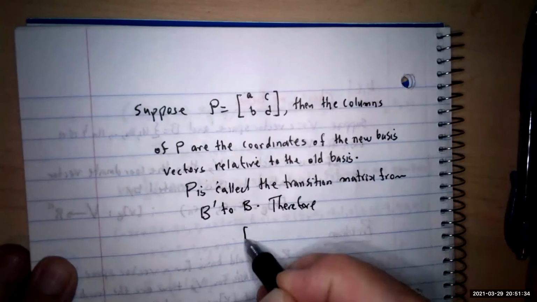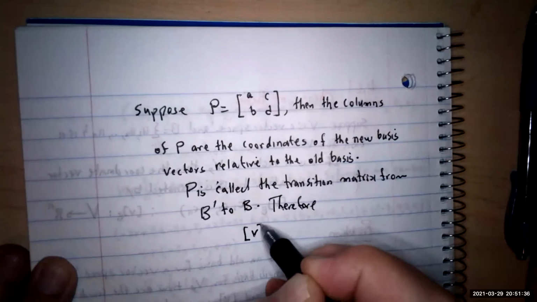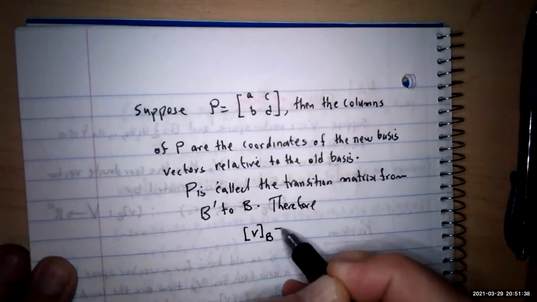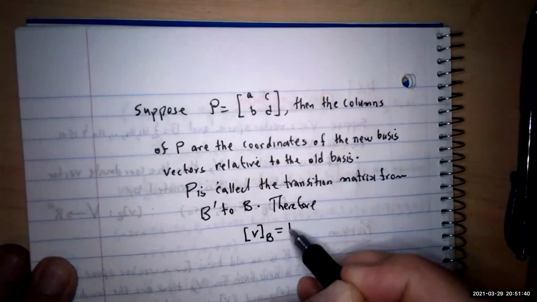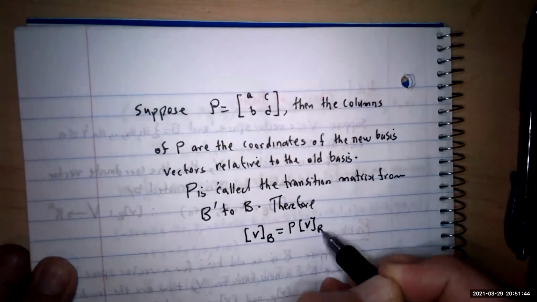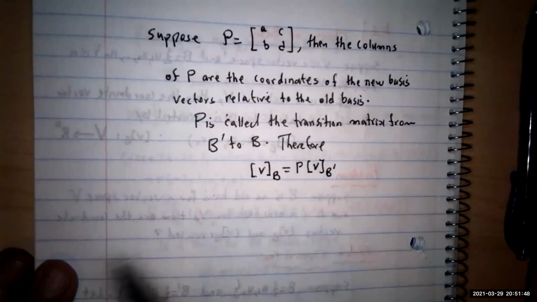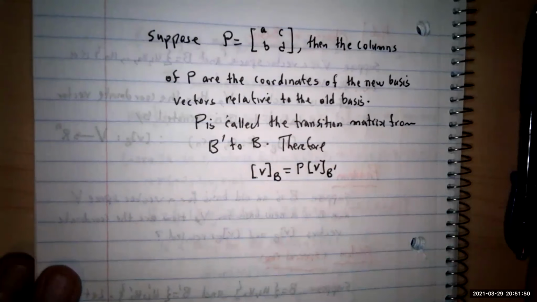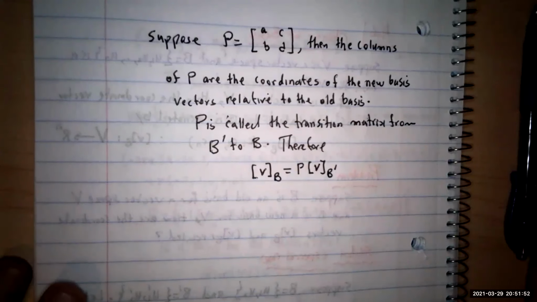The coordinate vector with respect to the old one is equal to P times the coordinate vector with respect to the new one. That's a relationship between these two.